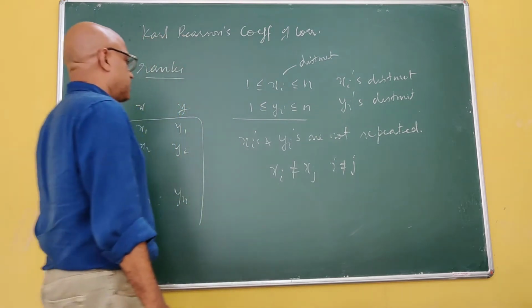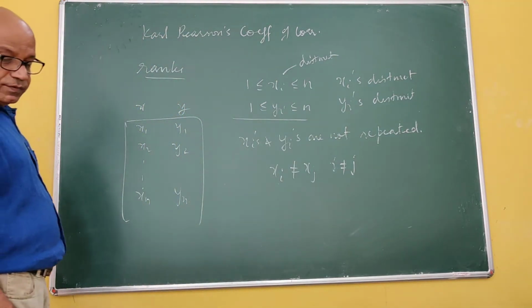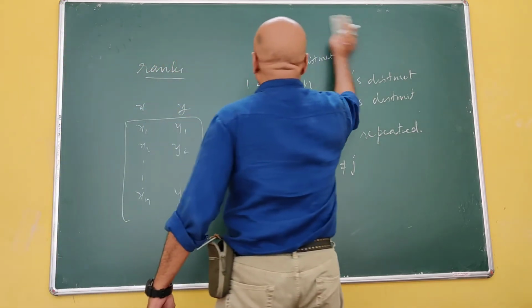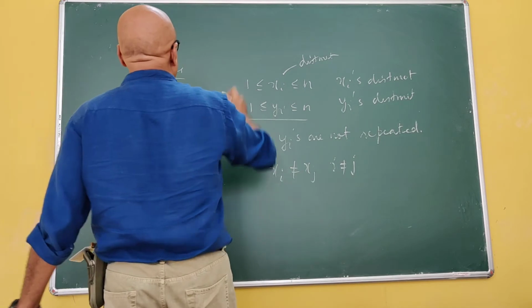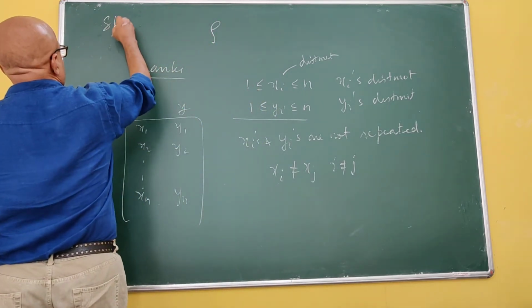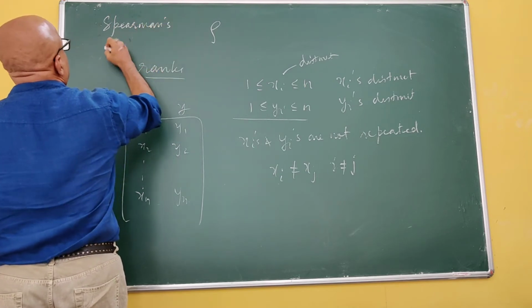The same applies for y. Then what is the rank correlation coefficient? That is written as rho, and it is called Spearman's rank correlation coefficient.